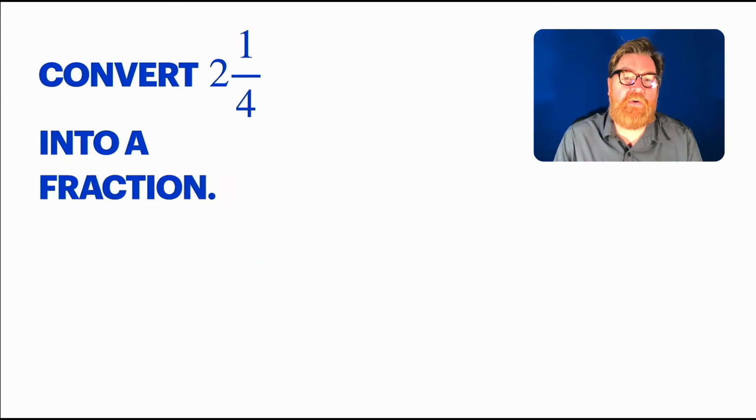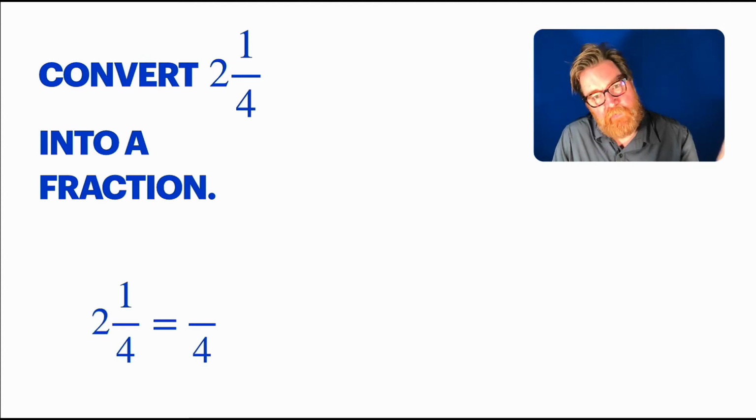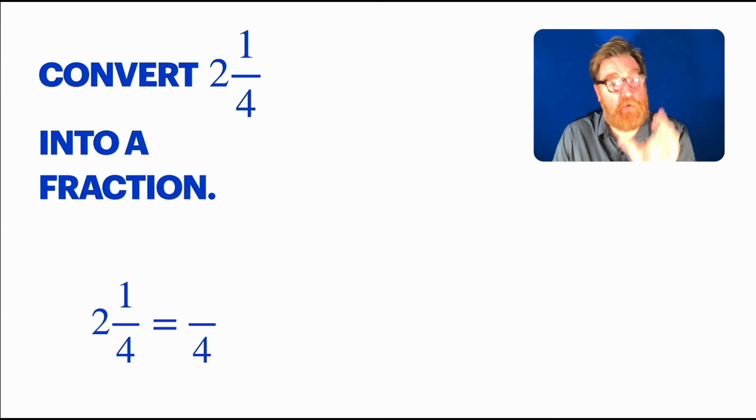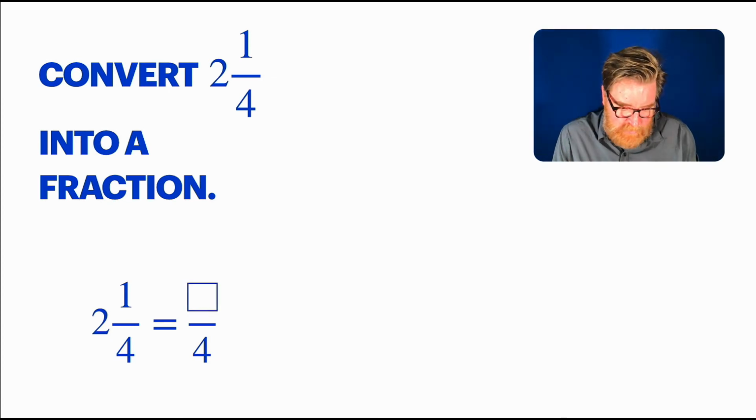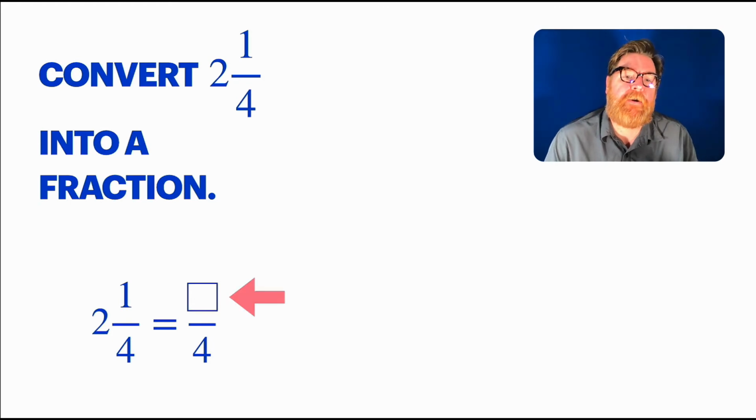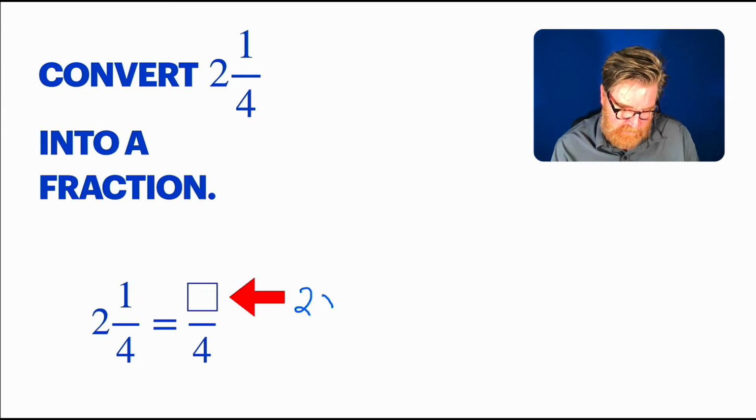What if we want to go the other way? Let's say we've got a mixed number and we want to convert it into a fraction. Well, that means we want to take 2 1/4 and write it as some amount of fourths, just a single fraction bigger than 1. Well, you guys understand, we just need to figure out that numerator. And it turns out that the way we get it, you might remember this, it's just 2 times 4.